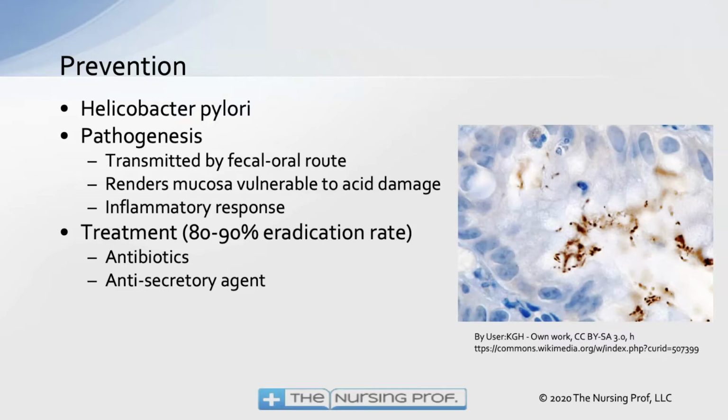So H. pylori might be one of the things that they'll try to treat. Unfortunately, a lot of times, even if we treat it with antibiotics, we'll see the H. pylori come back. About an 80 to 90% eradication rate, but that means that there's a 10 to 20% rate of reoccurrence.